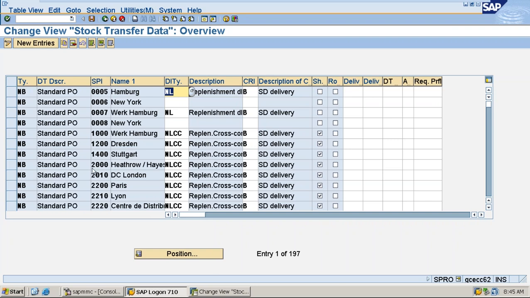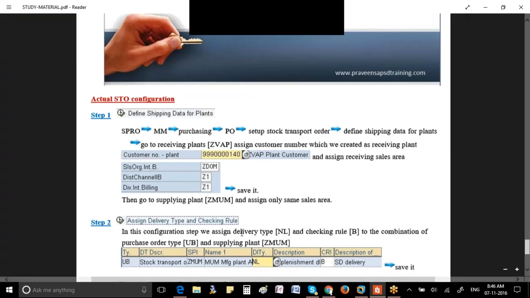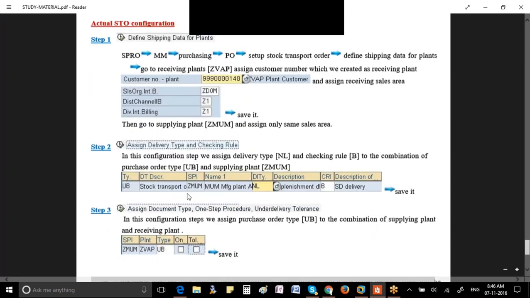You need to select UB here. In the intercompany, it is NB. The document is correct. Okay, it's UB. With a combination of these two, you see my supplying plant is ZMUM, and you can see here ZMUM. With a combination of supplying plant and PO type UB, you will be assigning this checking rule B. Okay, this is the second step.